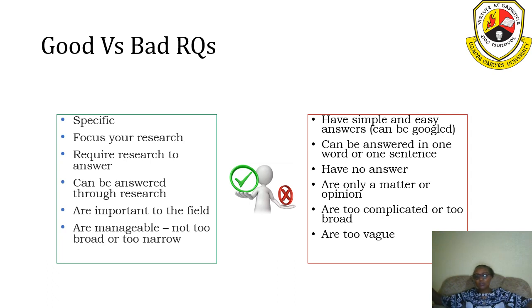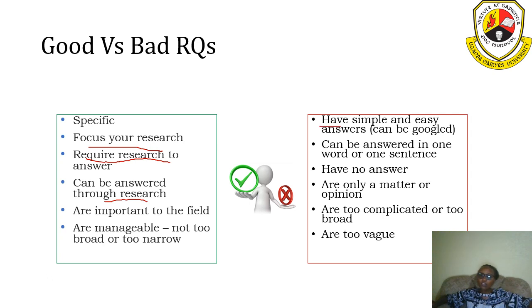It proposes this, you go ahead and do it, and then you find out if there is that actual effect of accessibility. So being very specific, focus your research. You should be answering something, and it should be answered only and only through research.